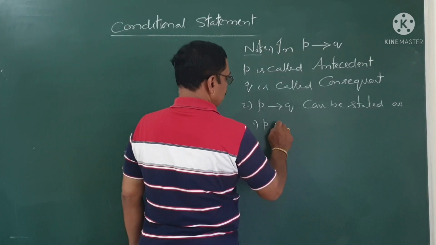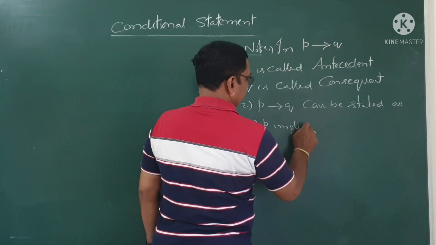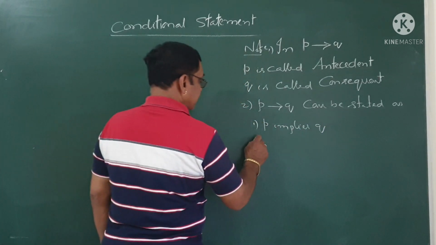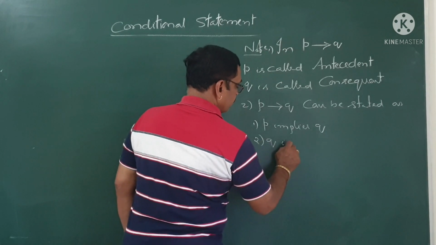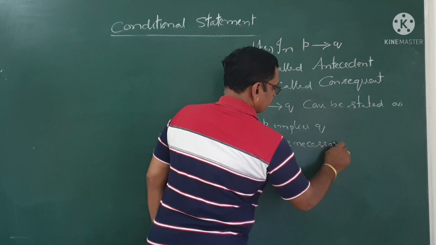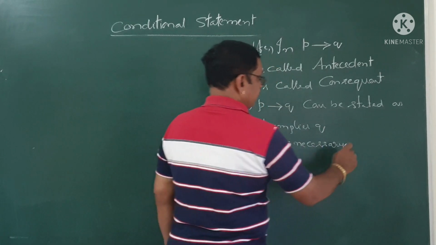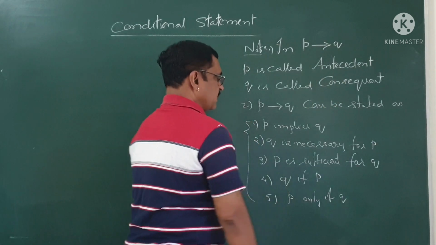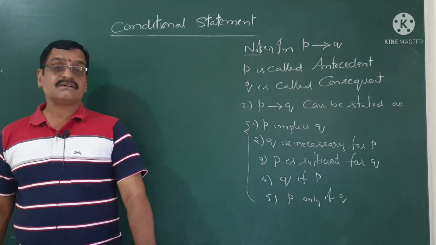The second one is: Q is necessary for P. Use an idiom to see that the meaning is the same.